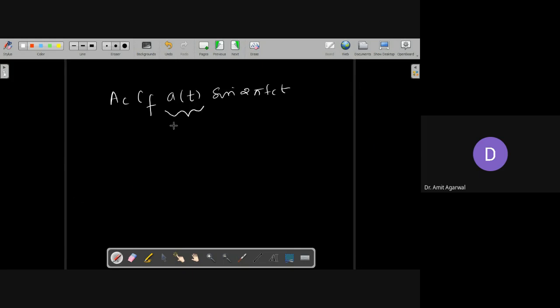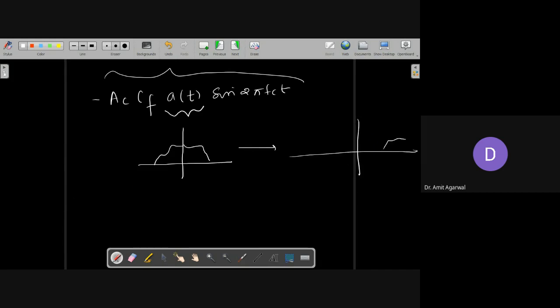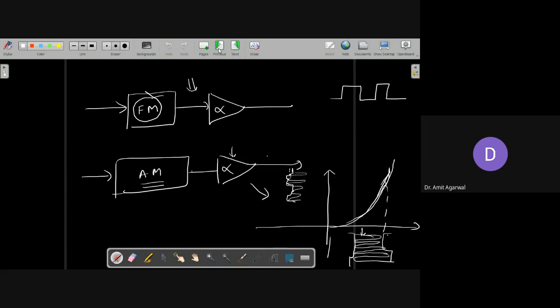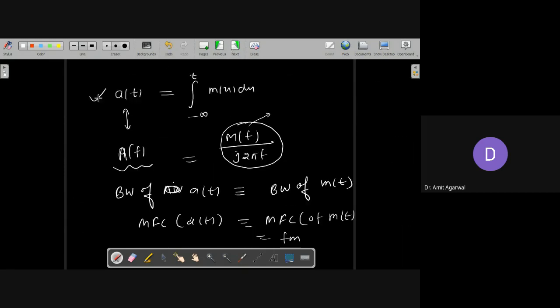If you analyze the spectrum of this signal, whatever the spectrum of A(t) is, the spectrum of this whole signal is nothing but the shifted version of it. See this spectrum. Our aim is to derive the frequency spectrum of this A(t).